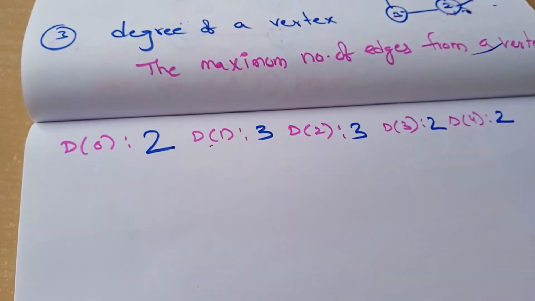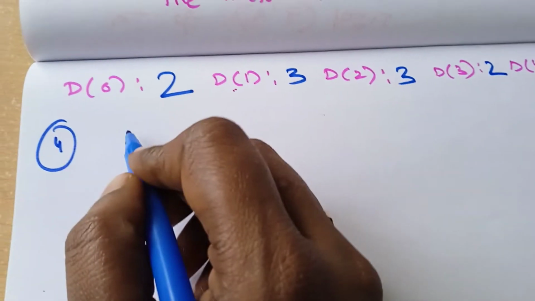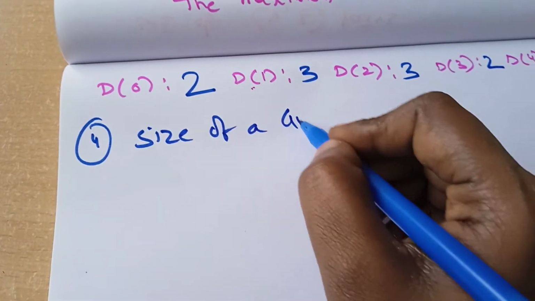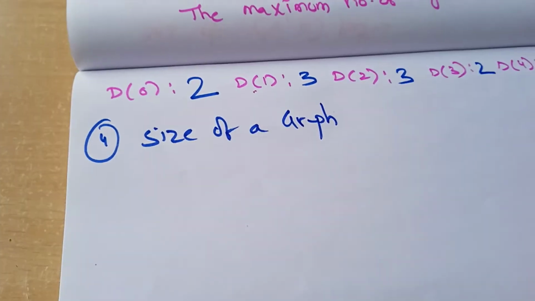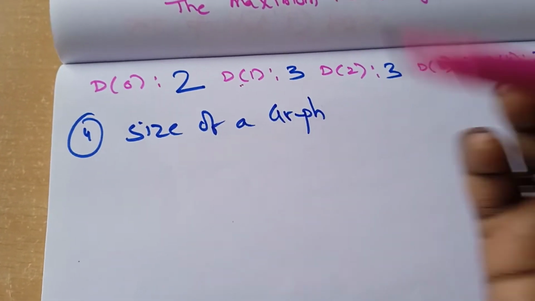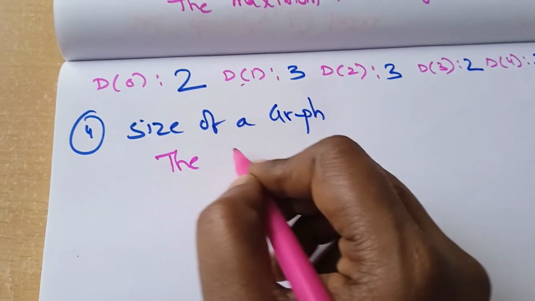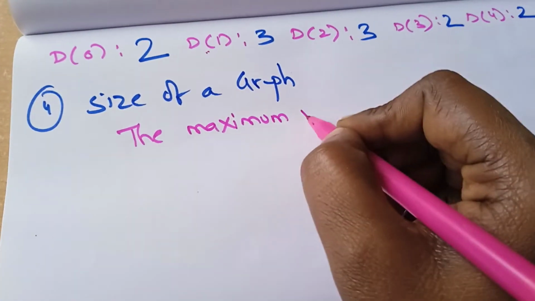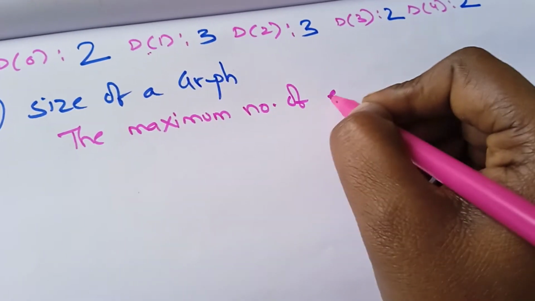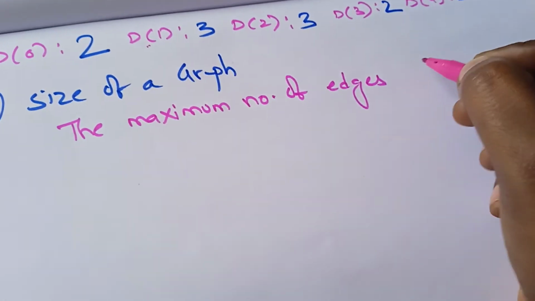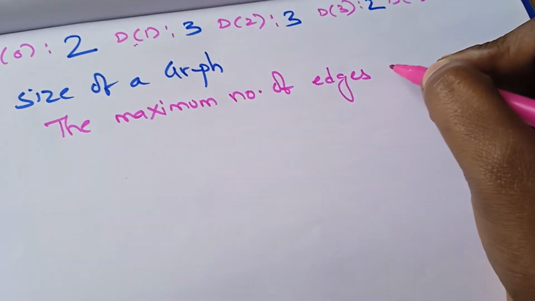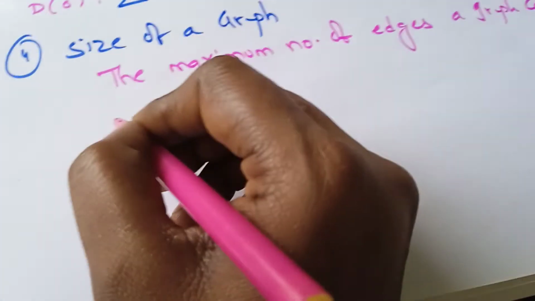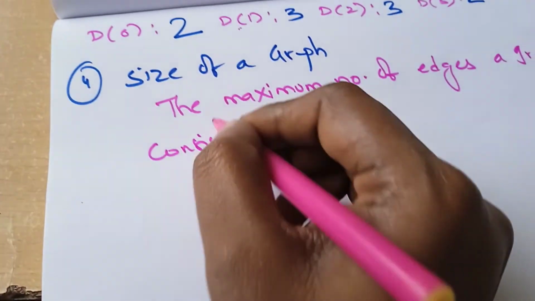Now, size of a graph. The size of a graph is defined as the maximum number of edges a graph can consist of.